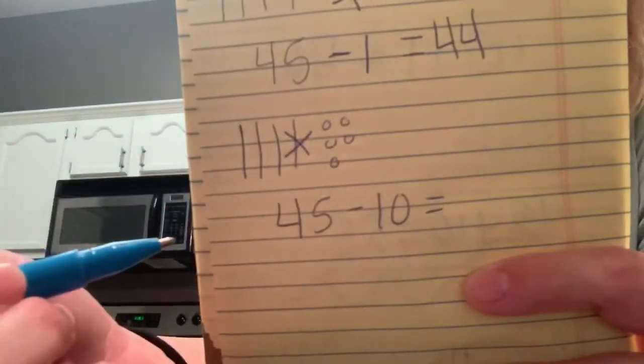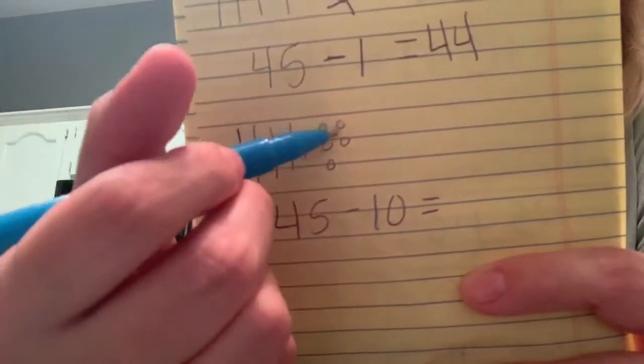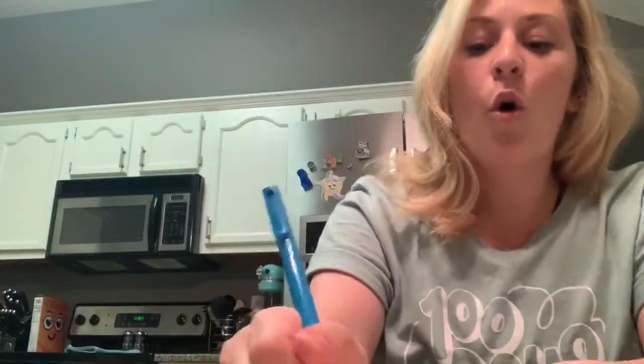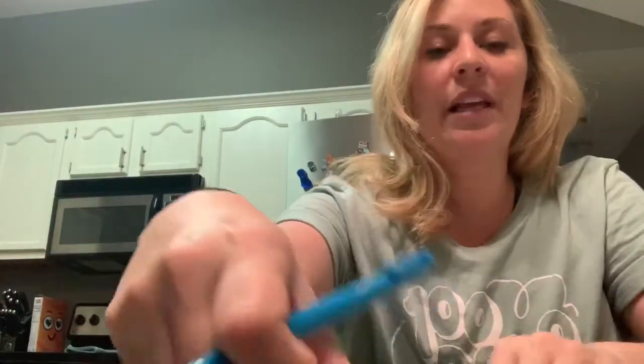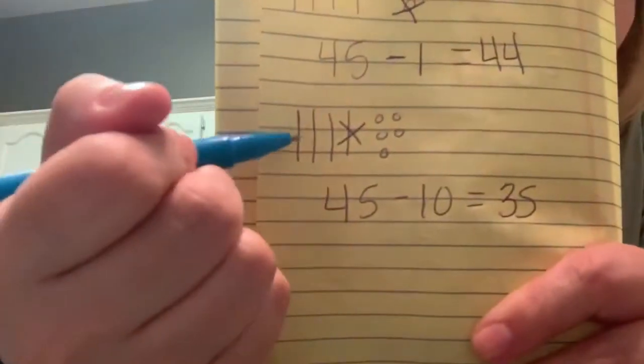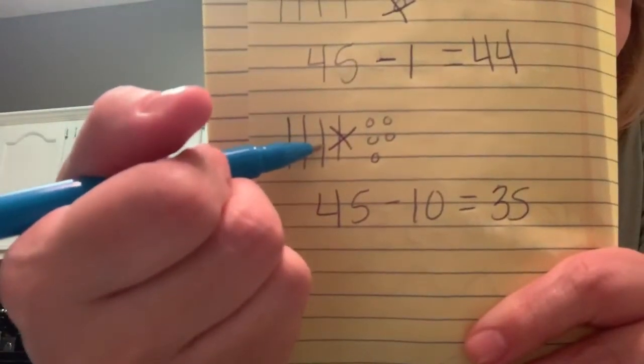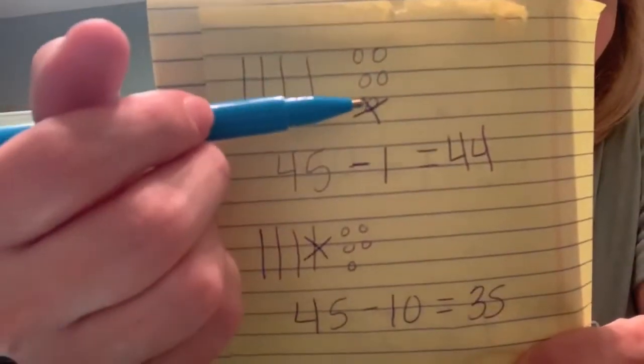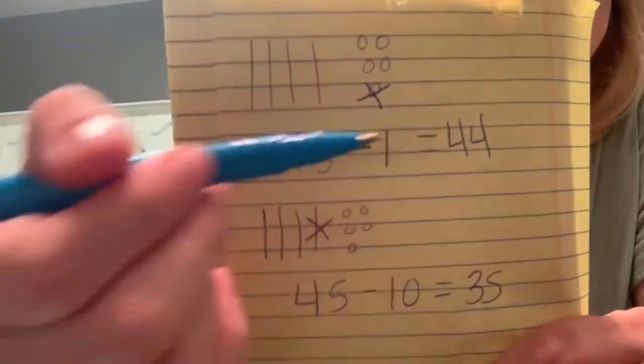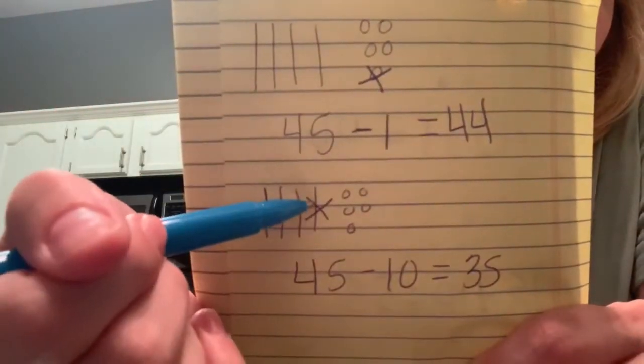Now what do I have? 10, 20, 30, 5. So only that tens place value changed because I only took away the tens. Up here, I only took away from the 1, so that ones place value changed. Here, I only took away from the 10, so that tens place value changed. So it still works with that number 62.